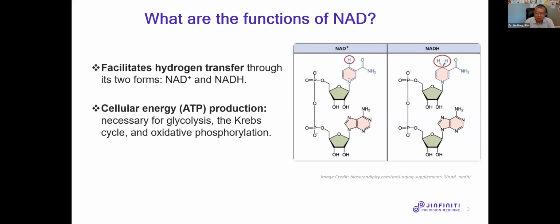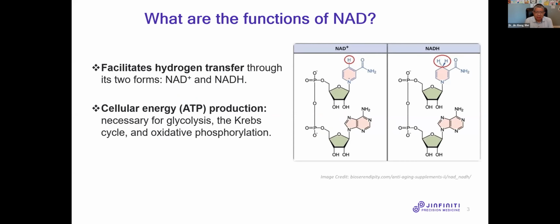So what are the most important functions of NAD? Most people know that NAD facilitates hydrogen transfer. You can see the two forms of NAD, NAD plus and NADH, on the right of this slide. And the only difference is the hydrogen on these two molecules.